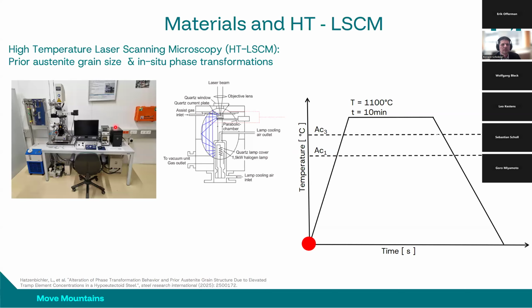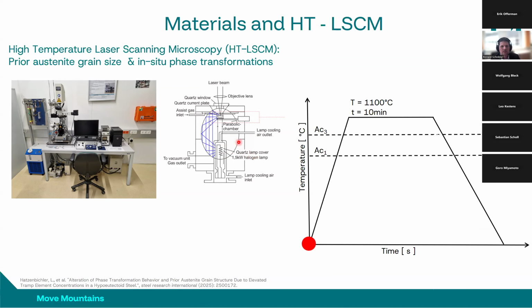Here you have the oven, the chamber. You insert your sample here, which can be a square of 4 millimeter in diameter, and you heat up your sample with this lamp.